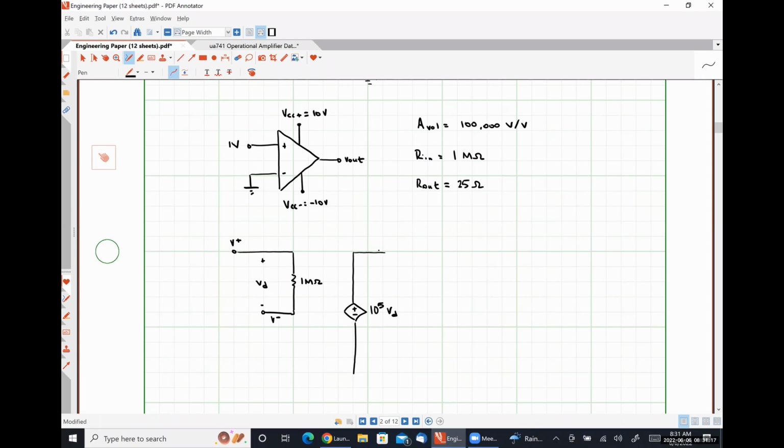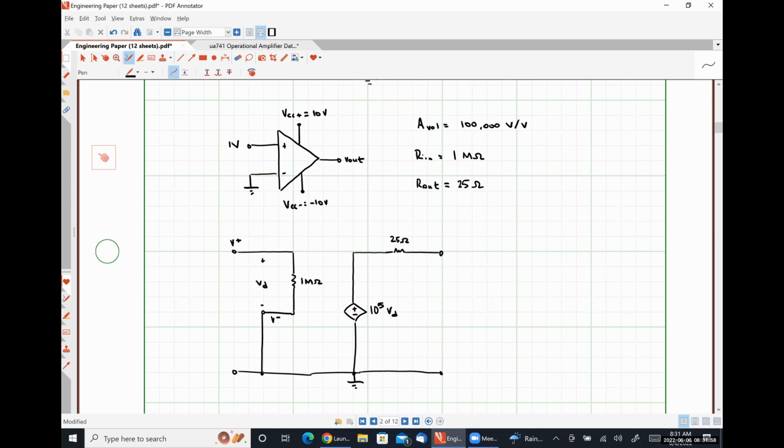And then I have output resistance, which is 25 ohms. I'm going to draw my ground node down here. All right, so this is my op amp portion. So now we need to look at everything else, okay? My inverting input terminal is connected directly to ground, so I'm just going to put a short circuit right here, which connects that node directly to ground.